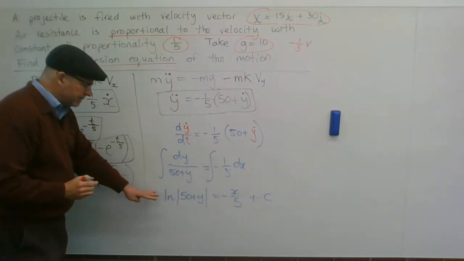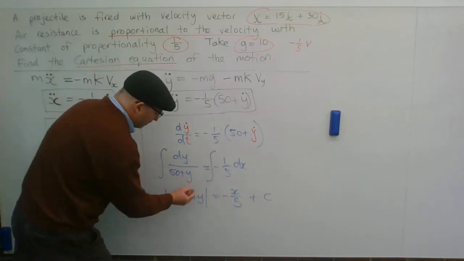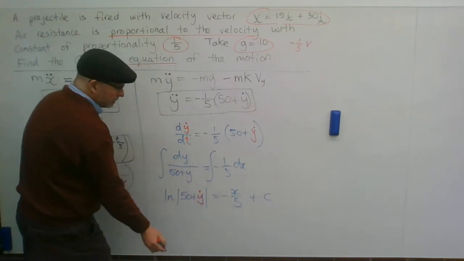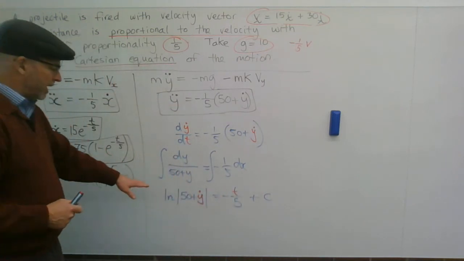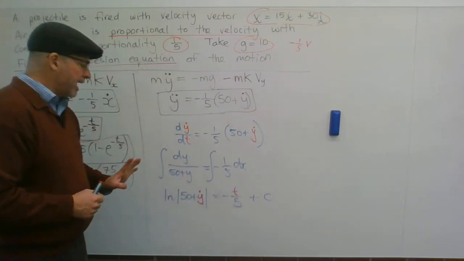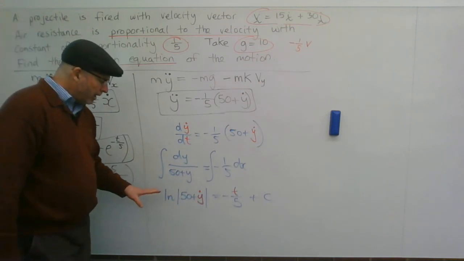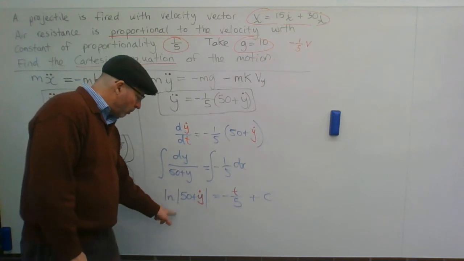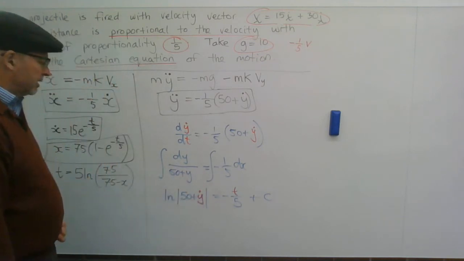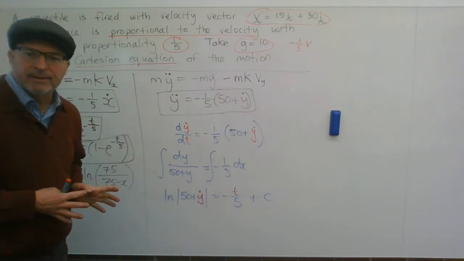So when I get to the end of here, this is 50 plus y dot, and this here is a t. So I end up with this equation here. Now, I can figure out what the value of c is, and I also have to worry about these absolute value signs as well.